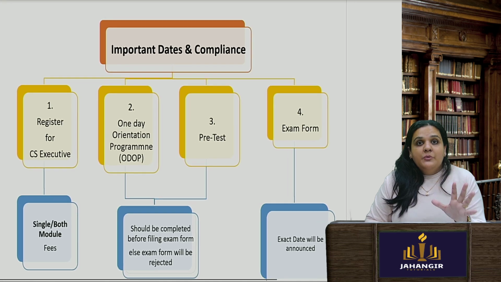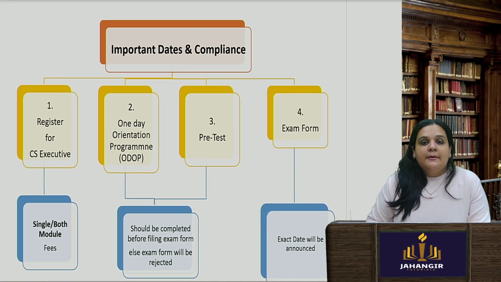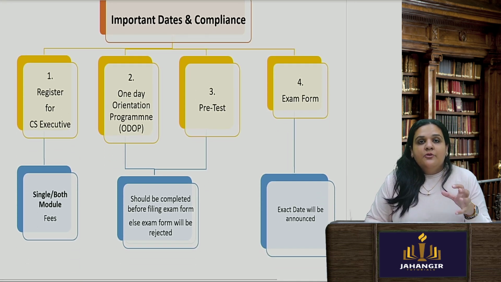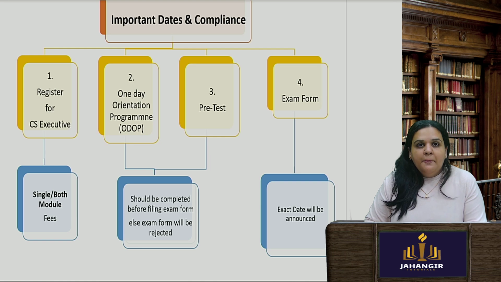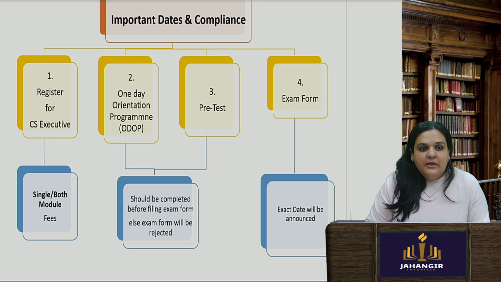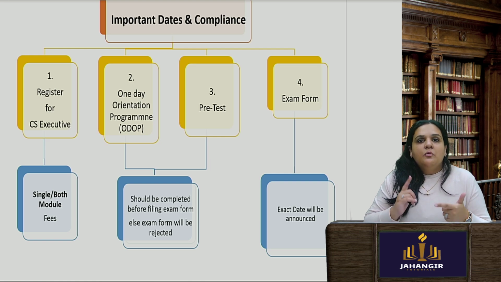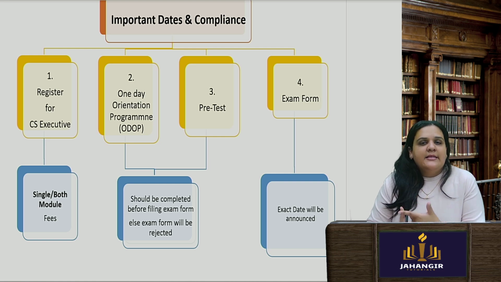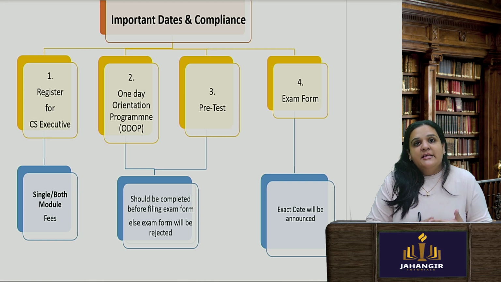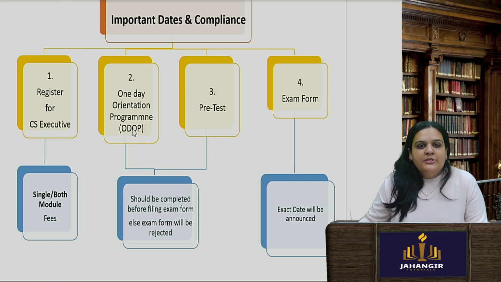Now coming to the important dates and compliances that you have to follow to enroll and give your CS executive exam. There are 4 major things involved. First is to register on the ICSI portal for your CS executive level. Then you have a 1 day orientation program, known as ODOP.